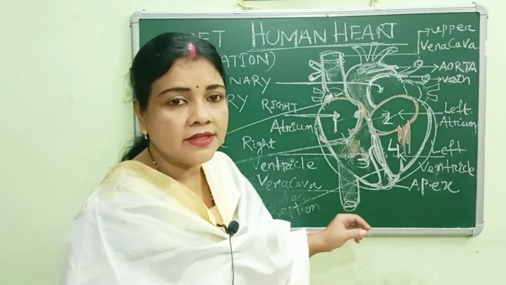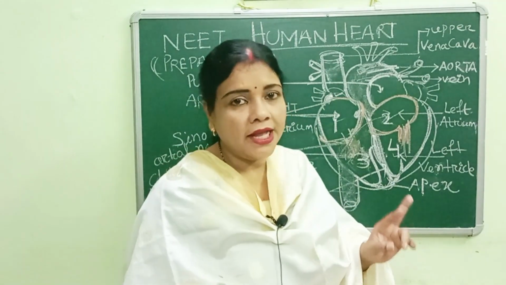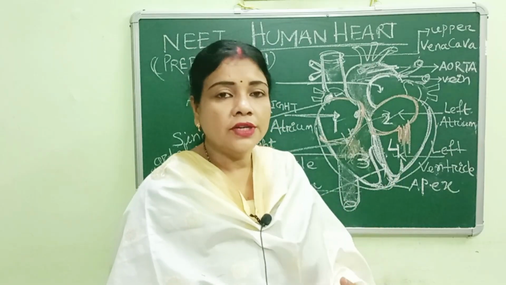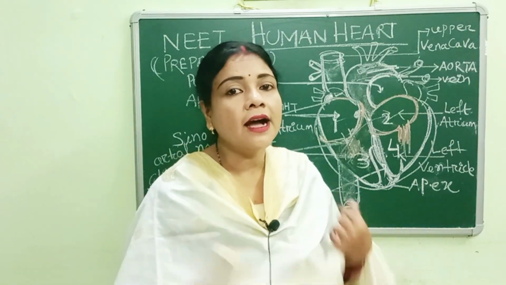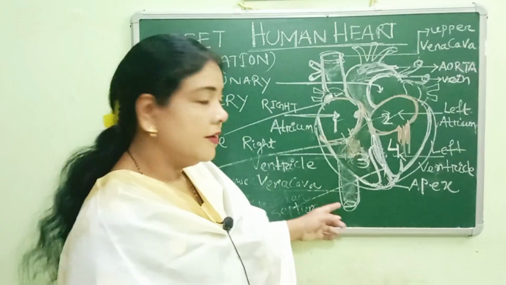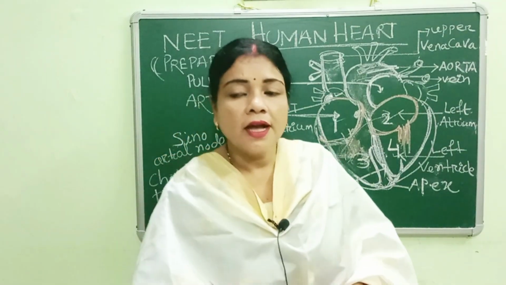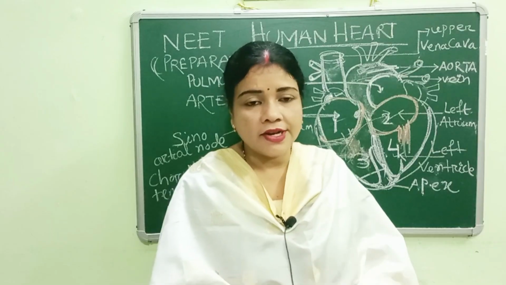This vena cava is the largest vein. It can be divided into two parts: superior vena cava and inferior vena cava. The superior vena cava collects deoxygenated blood from the upper part of our body, like our head, neck and arms. The inferior vena cava collects deoxygenated blood from the lower part of our body, that is our abdomen, our legs, etc.